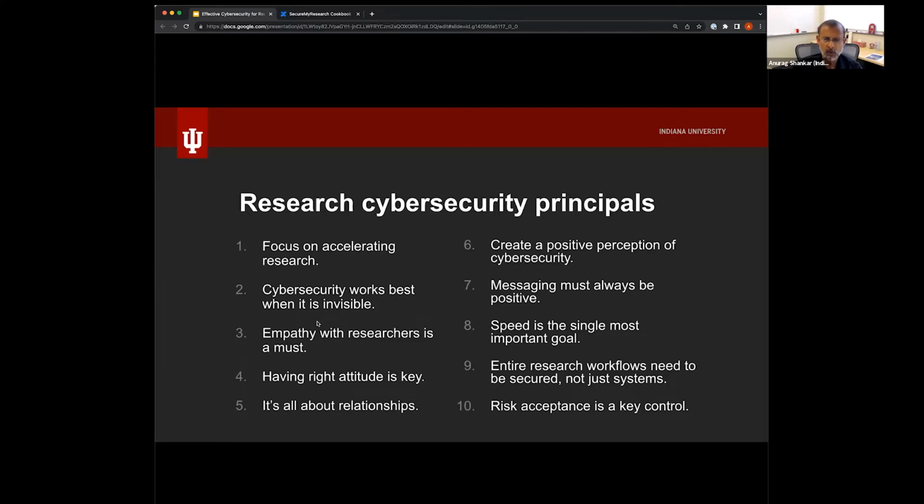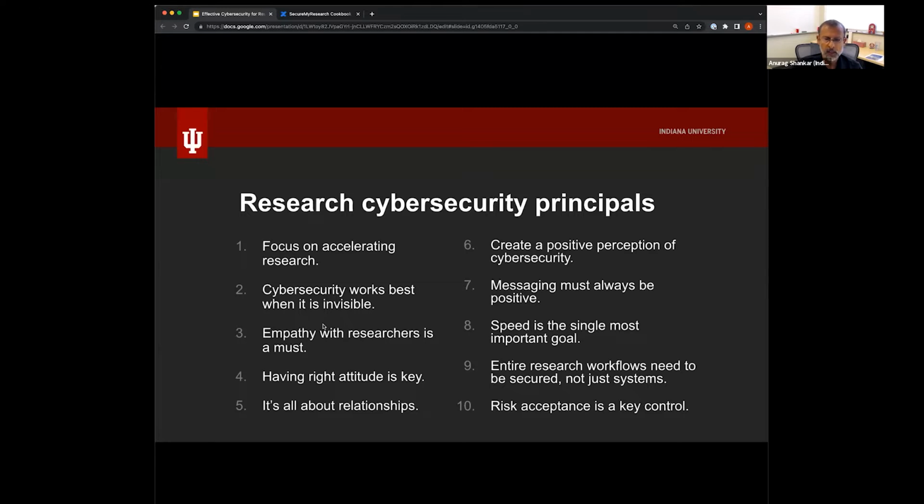So it's very important to create a positive perception. You only present cybersecurity in a positive light. It is something that accelerates research. And if you think about it, that's what it's actually doing, by protecting them and their data and making sure they can work at speed. This is done by messaging. Messaging has to be positive.